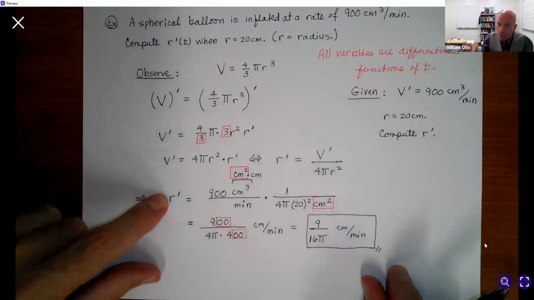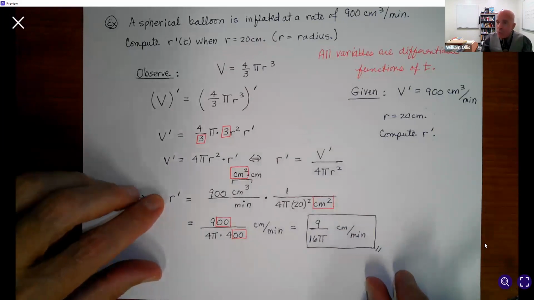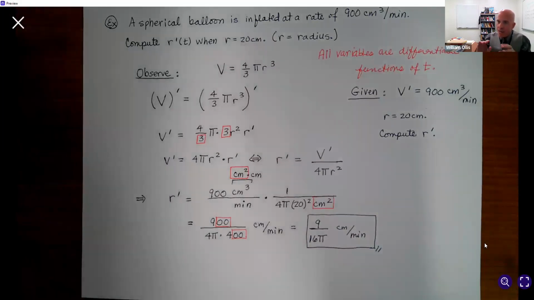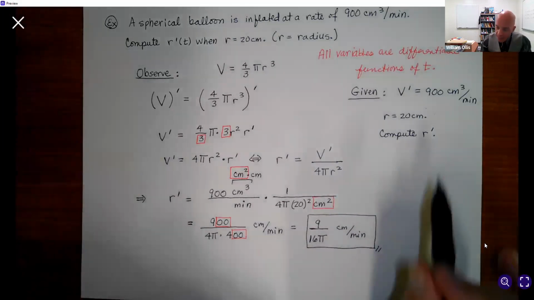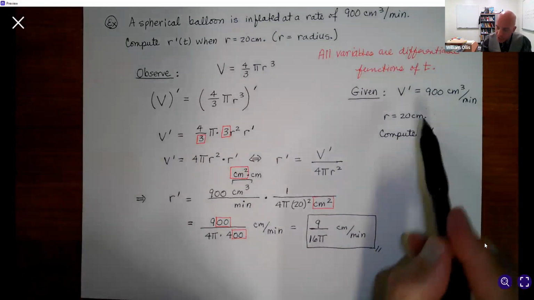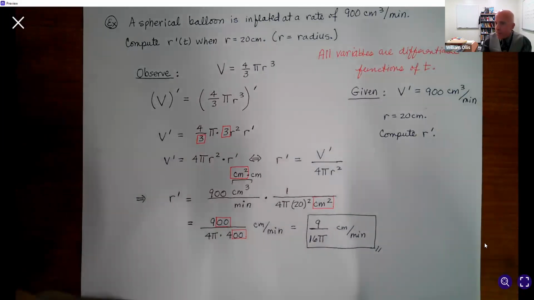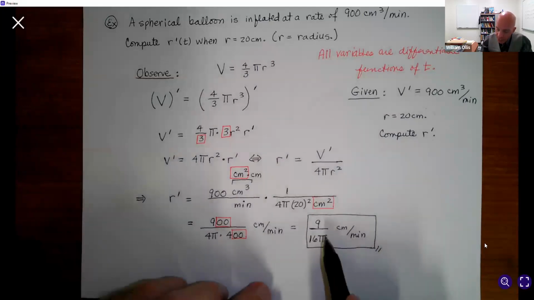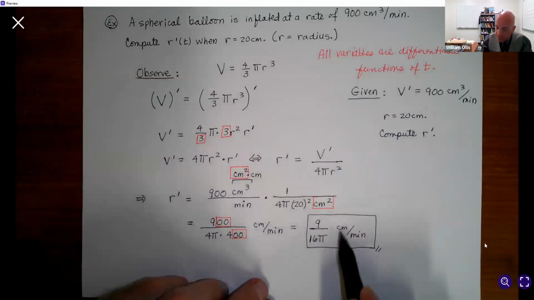So again, sometimes instead of saying just instantaneous rate, we'll just say rate. But we know with the calculus, with the derivative, it is instantaneous. That is, we have the rate at a point on the curve, so to speak. And that is occurring with these conditions here. So if I say rate, that will often mean, or also mean, instantaneous rate. So we have 9 divided by 16 pi centimeters per minute.